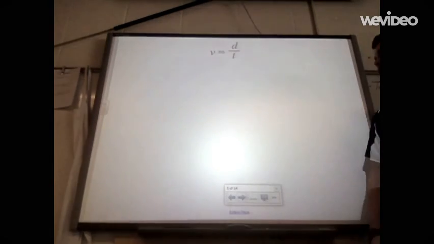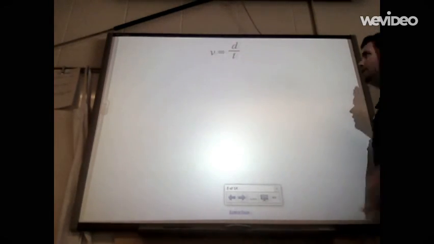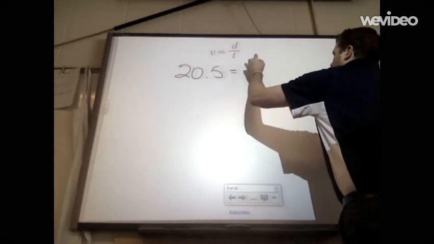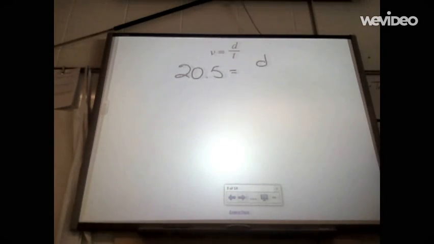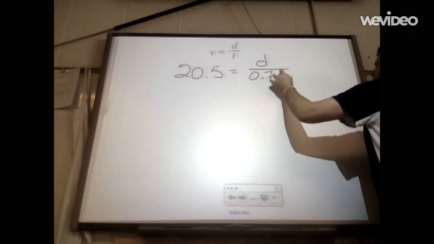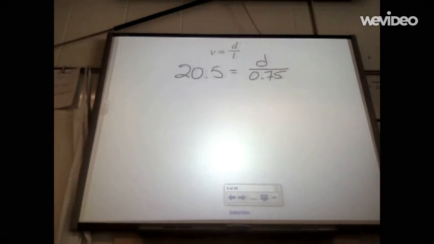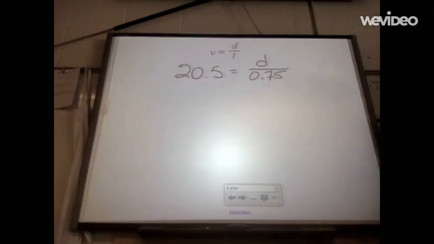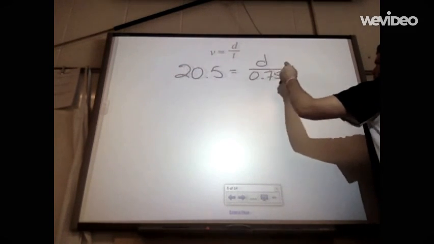So, looking at the formula, V was 20.5. You're trying to find distance. And because this time we have decimals, your time can be using a decimal. So how do you get now 0.75 from the right side to the left side? So how do you get this over to there? Yeah, multiply. It's being divided here.